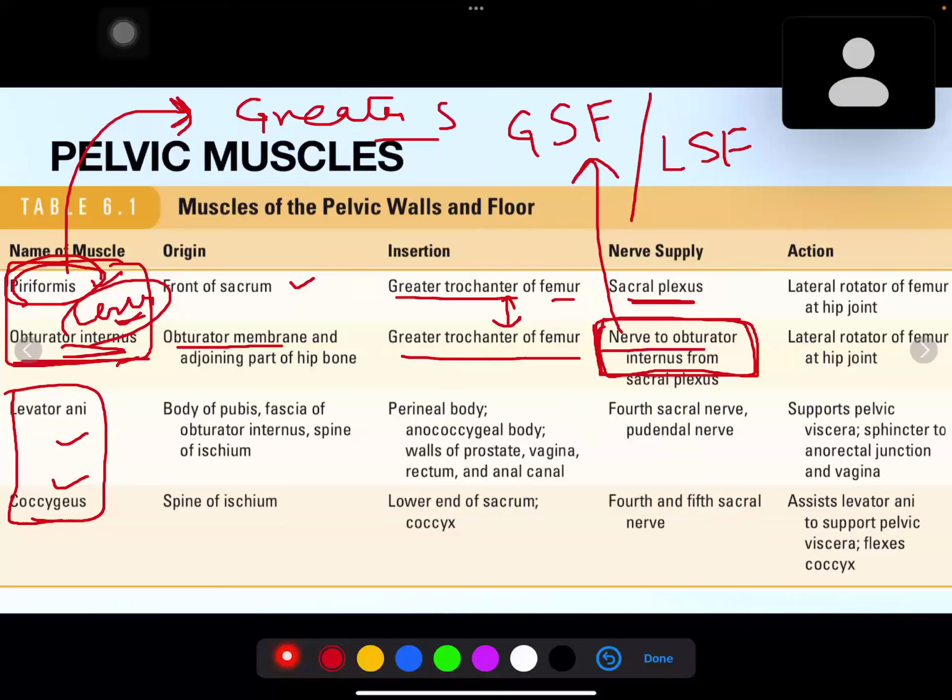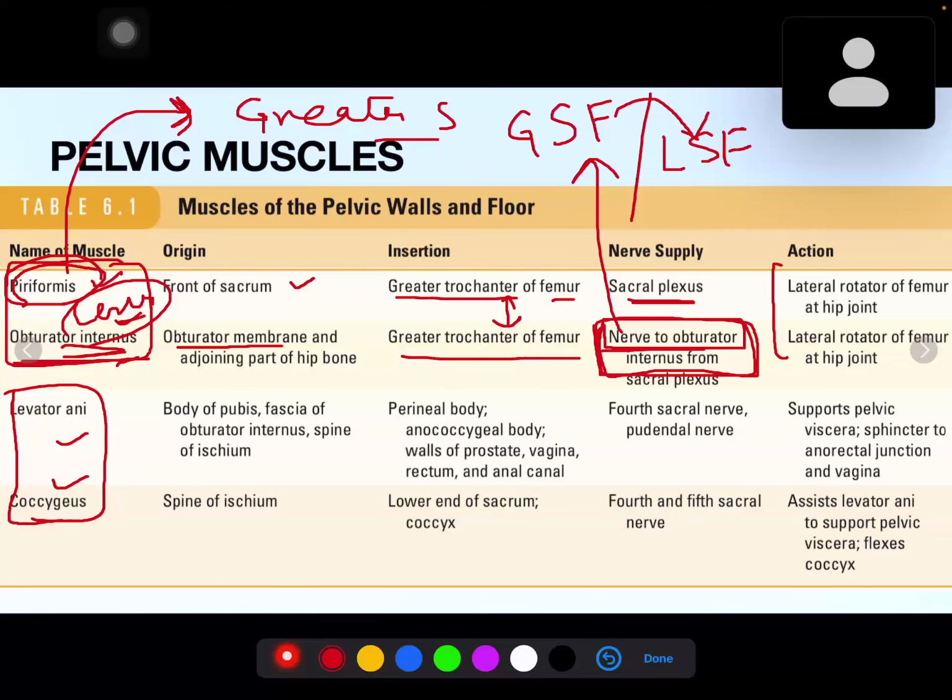That nerve was unique, along with the pudendal vessels and nerve. First, it exits the pelvis through the greater sciatic foramen, and then it re-enters the pelvis through the lesser sciatic foramen. So that was the significance of these two muscles and this nerve as well.